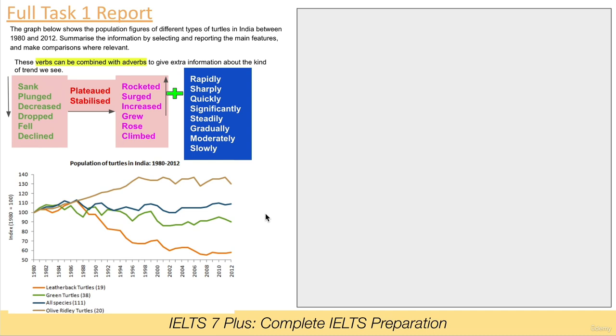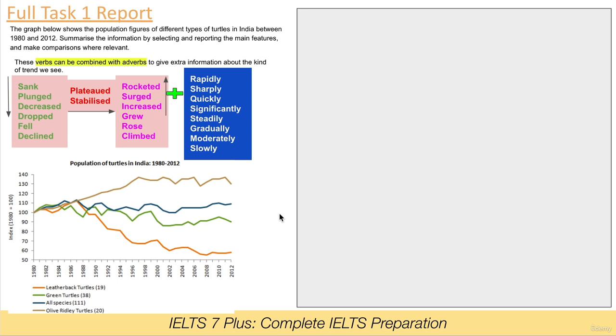It's very useful. Unfortunately, you won't have this in the exam, but it's there today to help us. And of course, we have our line graph itself to look at the figures there.